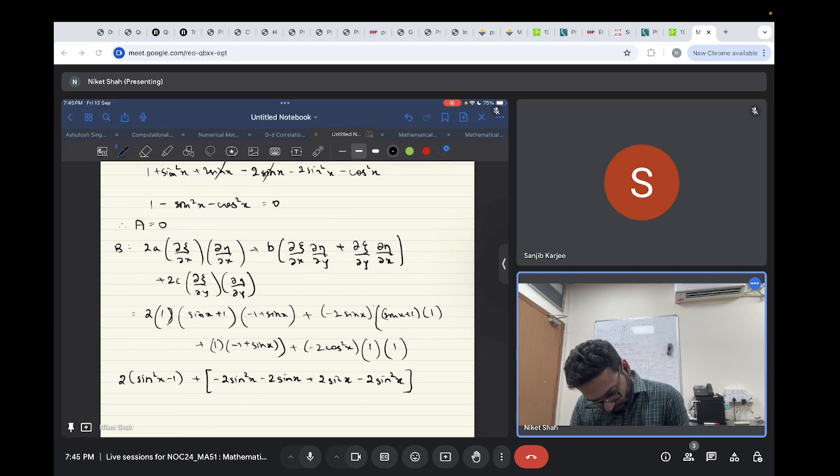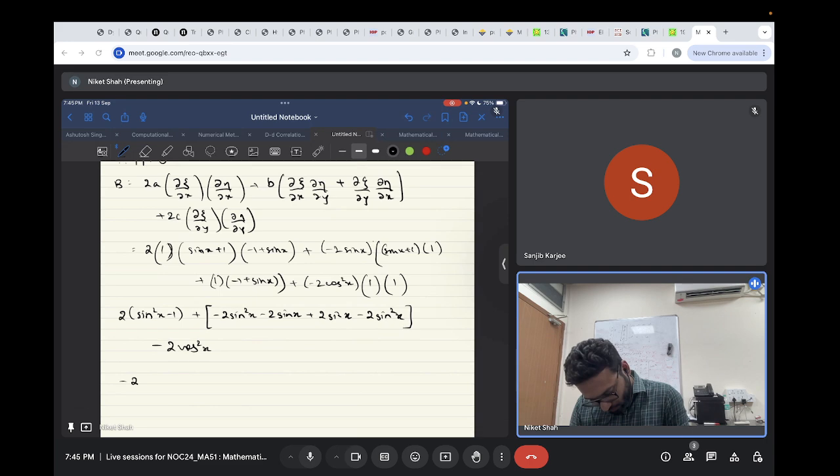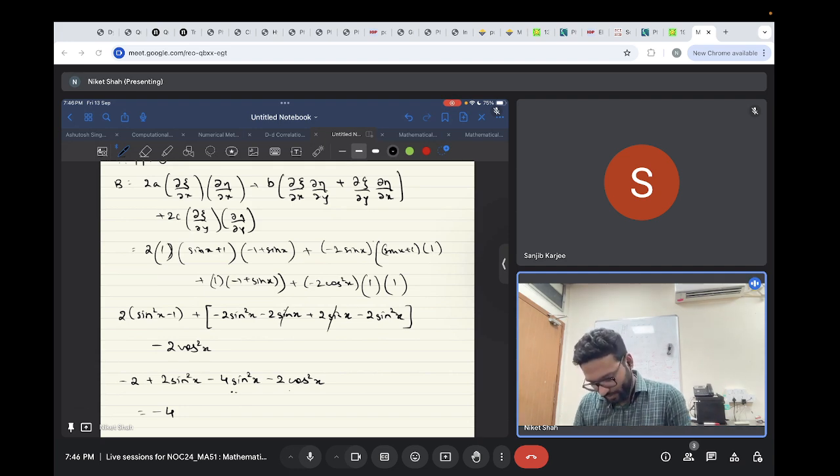And here it's minus 2 cos square x. This gets cancelled. Minus 4 sine square x minus 2 cos square x. So minus 2 minus 2 minus 2 is minus 2, so this is plus minus 4 is what I am left with. Capital B is minus 4.